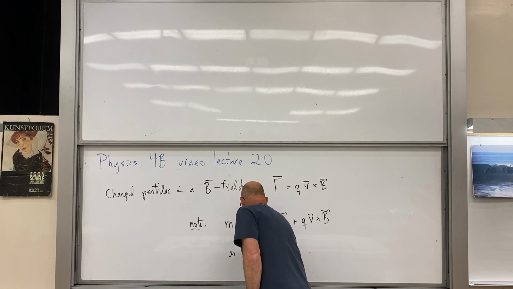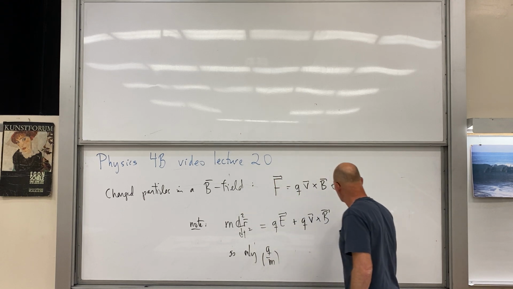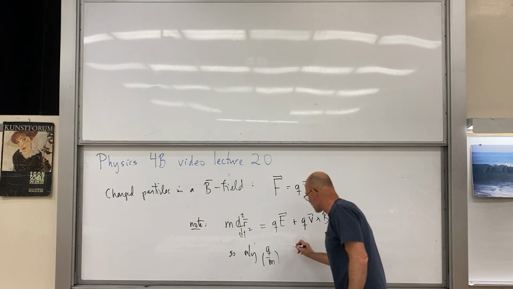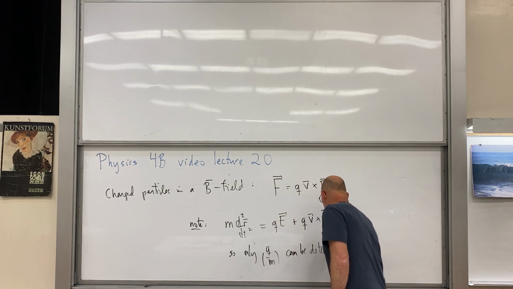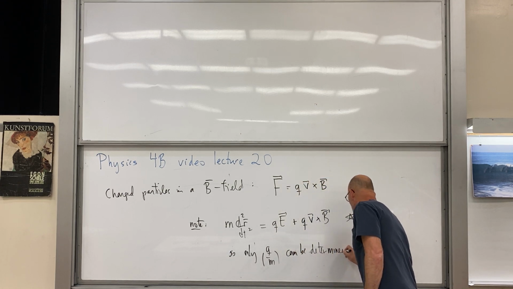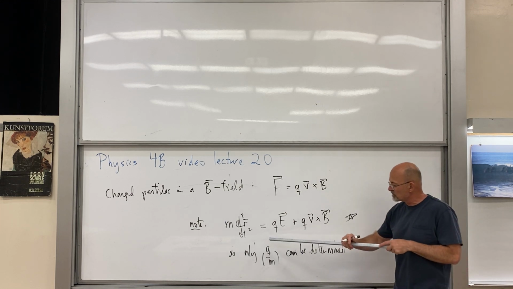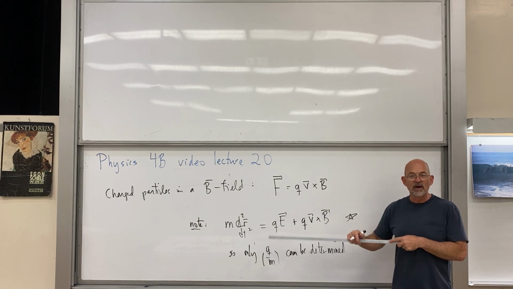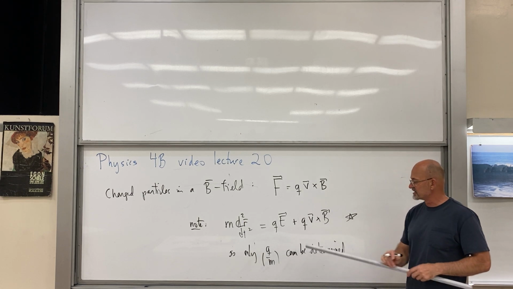So only q over m can be determined using this equation, star. On the other hand, that's an important thing to determine, and if you can get the charge or the mass by some other means, then you can get the charge and the mass.